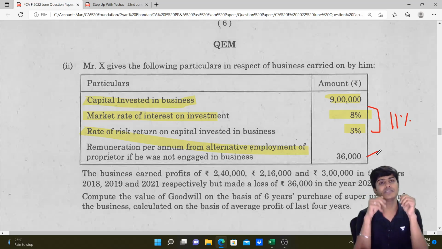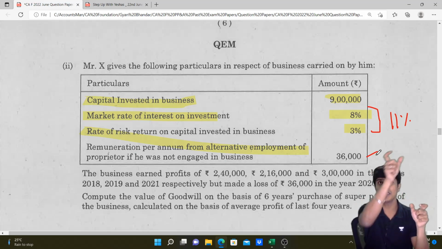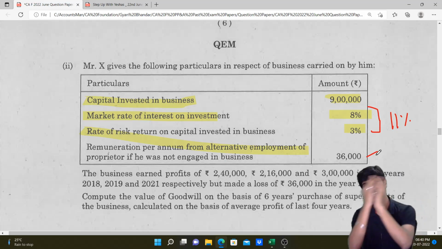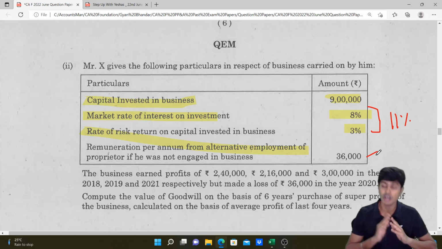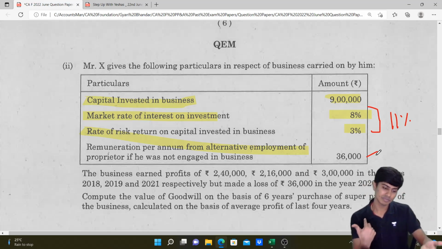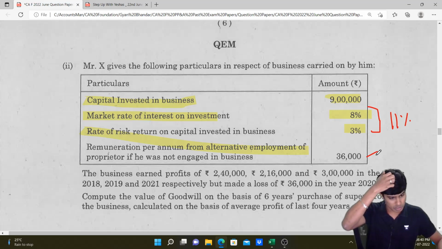So you can deduct this 36,000 remuneration from each of the years first, then take the adjusted profits and after that find the average. Or first find the average and then deduct that remuneration once for all. Do you get that? So that is the possibility.